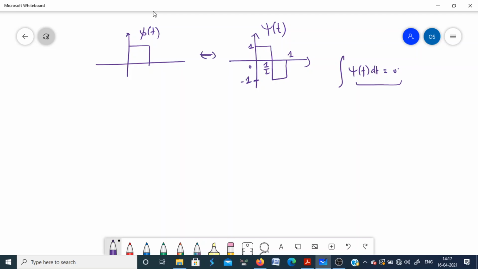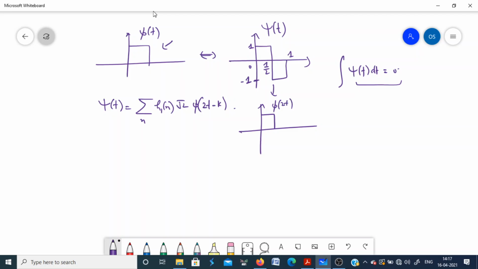Now using this refinement equation, I can express this psi t in terms of phi 2t, with some coefficients h1[n], square root of 2 phi of 2t minus n. How can you write this function in terms of this function? You first simply compress it by a factor of 2 and you get phi 2t. The second function, this is 0 to 1 by 2, you take phi of 2t minus 1.